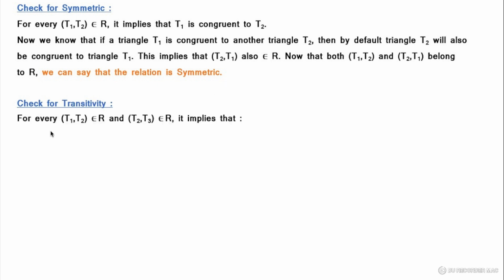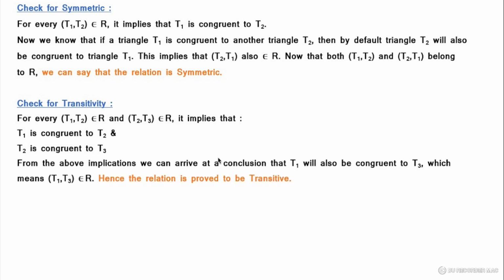For every T1, T2 belonging to R and T2, T3 belonging to R. Now let's say T1, T2 belongs to R and T2, T3 belongs to R. What does it imply? It implies that T1 is congruent to T2 and T2 is congruent to T3.